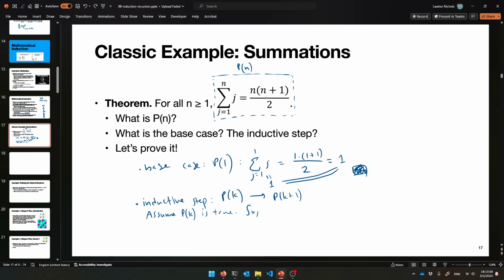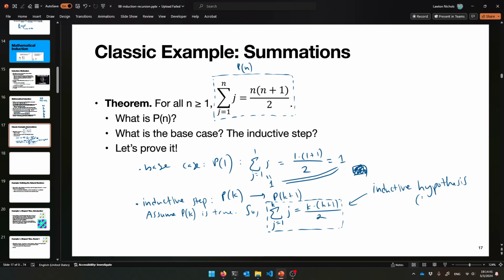So based on our inductive hypothesis, our assumption, we have that the sum of all the j's up to k is equal to k times k plus 1 over 2. Okay? And this is what we get to assume as we're trying to make our proof happen. We get to assume that is true. And that's called our inductive hypothesis.